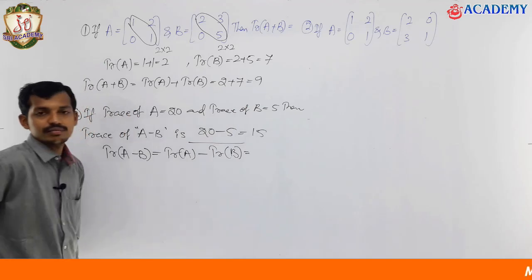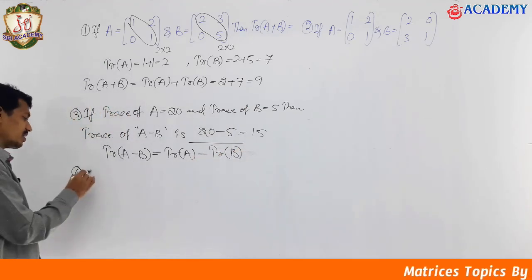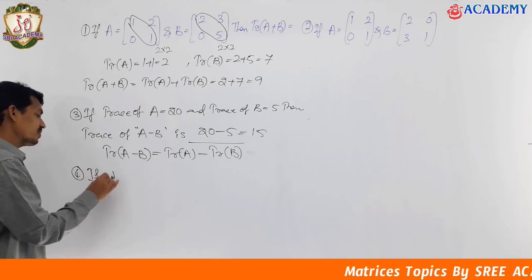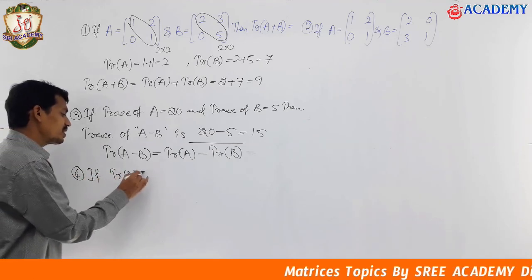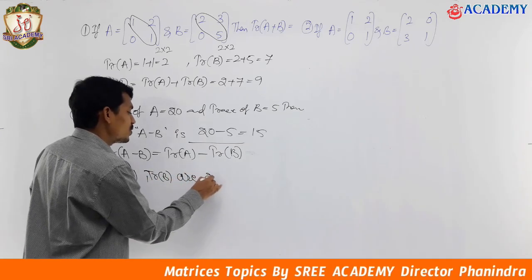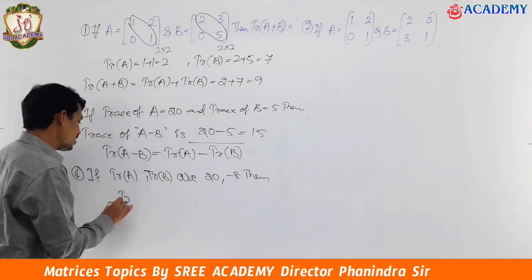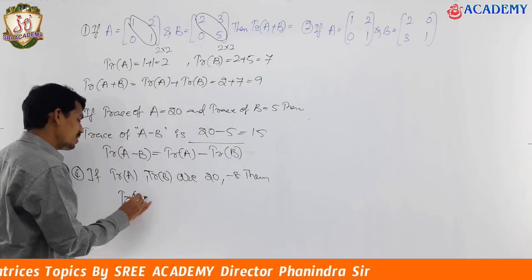Or you may ask like this, many questions we can write: if trace of A and trace of B are 20 and minus 8, then trace of A plus B is what?